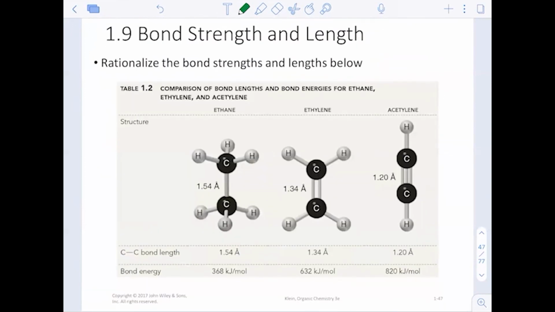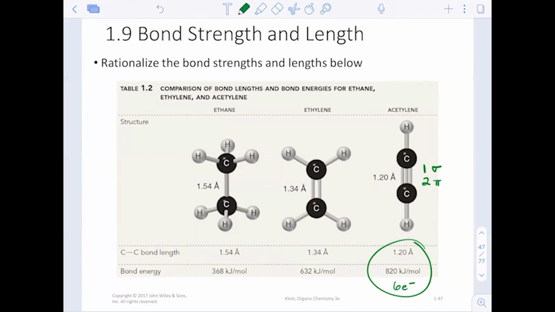We can also see the bond length and bond strength. A triple bond is the shortest bond at 1.20 angstroms. And it is the highest bond energy. It takes the most to break. The reason for that is because there are 6 electrons holding those 2 atoms together. There's 1 sigma and there's 2 pi's. Altogether, that would be 3 bonds or 6 electrons.